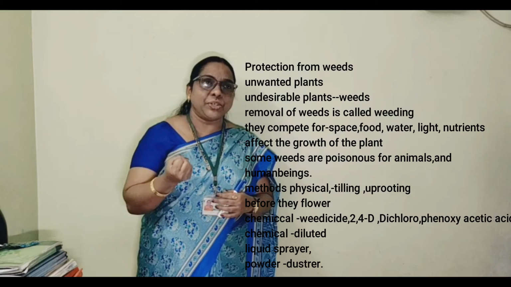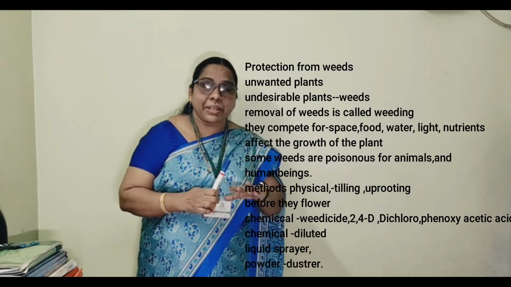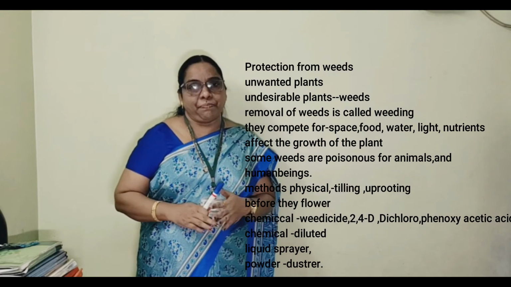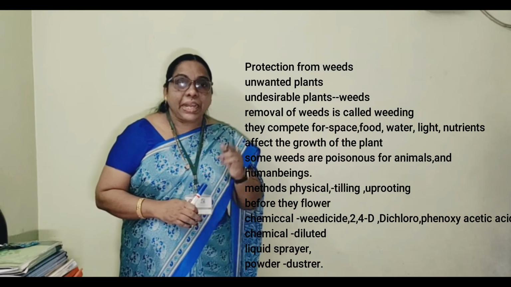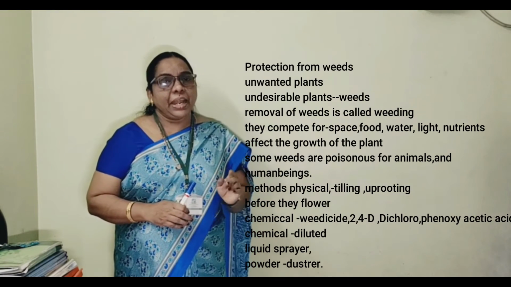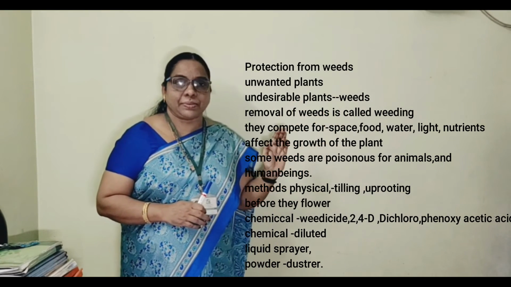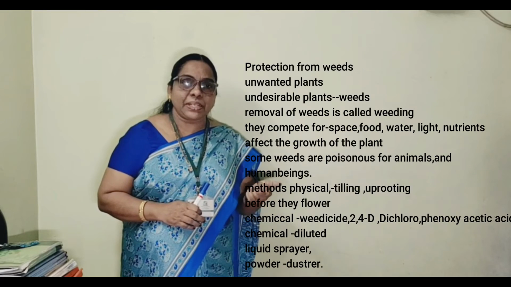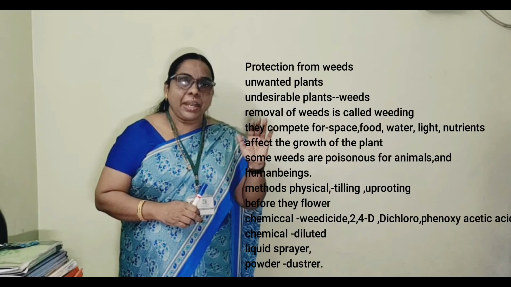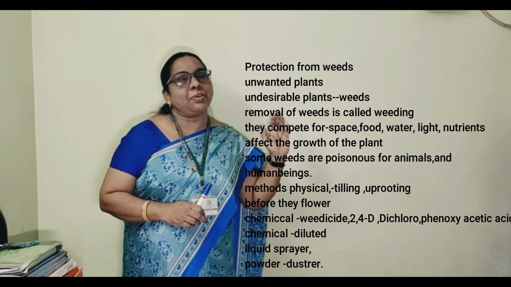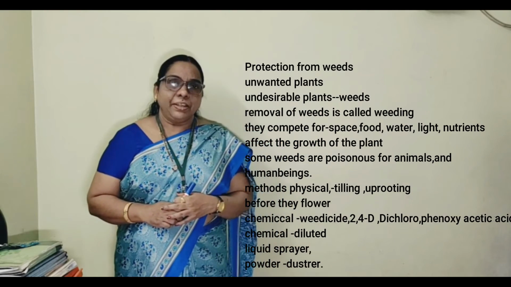Once the seed is matured, it falls again in the same place and in the same field, and younger plants grow around it. That is the reason we have to remove these weed plants before flowering. They occupy space, they compete for food, space, light, minerals and nutrients, and at the same time they bear flowers and also produce younger plants. That is the reason we have to remove these weed plants.